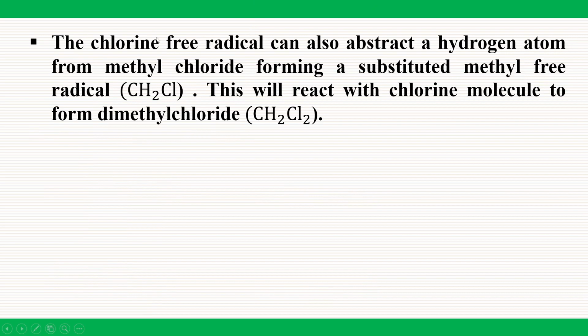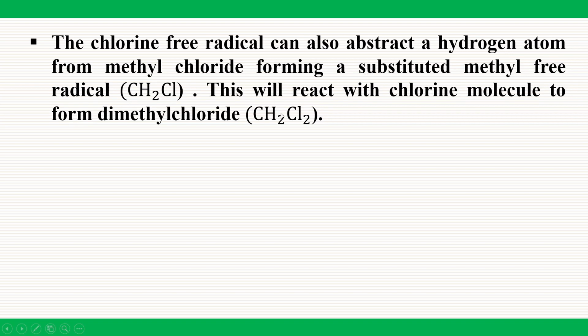The chlorine free radical can also abstract a hydrogen atom from methyl chloride or chloromethane, forming a substituted methyl free radical CH2Cl. This will react with a chlorine molecule to form dichloromethane CH2Cl2.